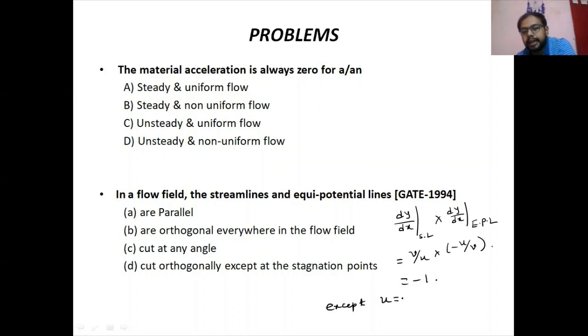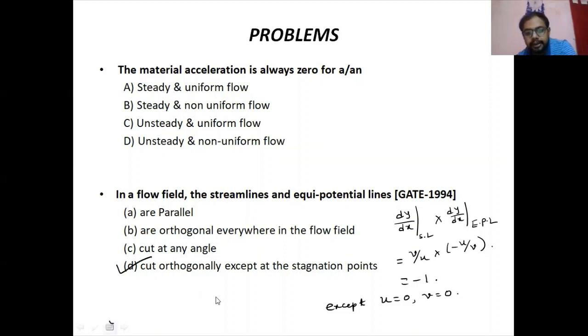Except stagnation point means except where u is equal to 0 and v is equal to 0. If v and u are 0, this is indefinite. So it cuts orthogonally except at the stagnation point.